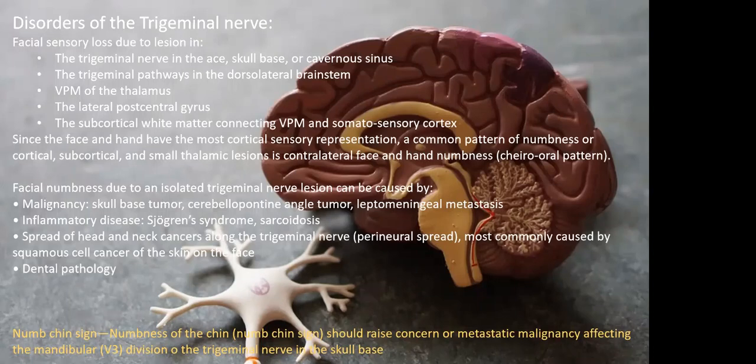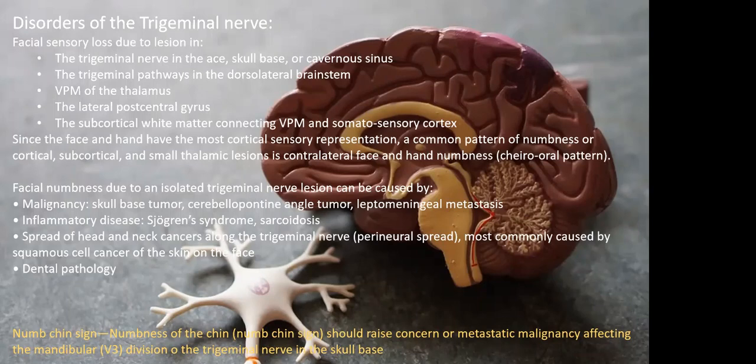Since the face and hand have the most cortical sensory representation, a common pattern of numbness in cortical, subcortical, and small thalamic lesions is contralateral face and hand numbness, the cheiro-oral pattern. For example, like I just said, the fibers of the trigeminal decussate together with the other cranial nerves.